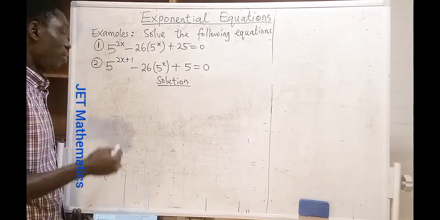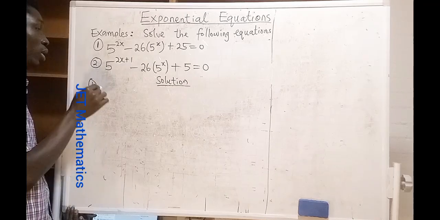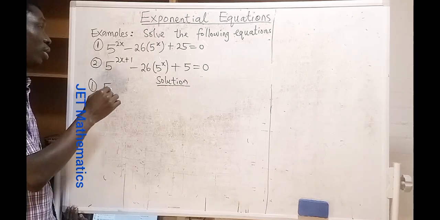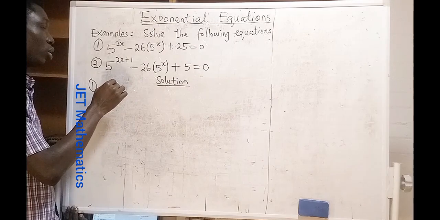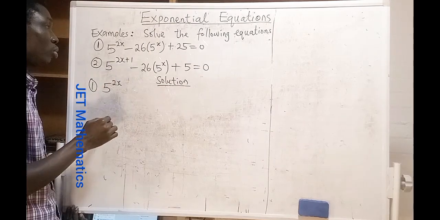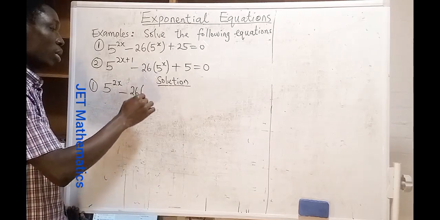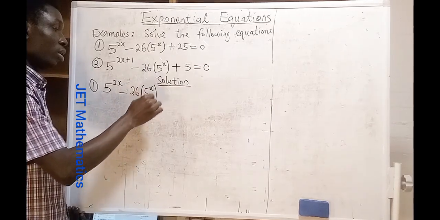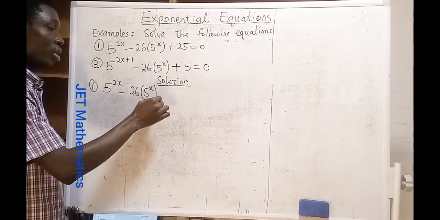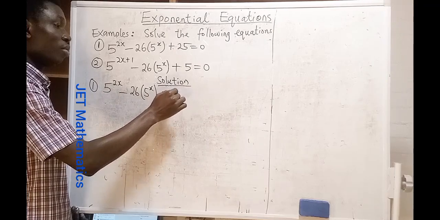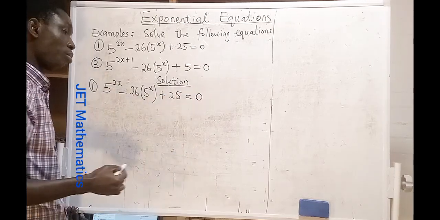So we have the first example here. It says 5 raised to the power 2x minus 26 times 5 raised to the power of x plus 25 is equal to 0.